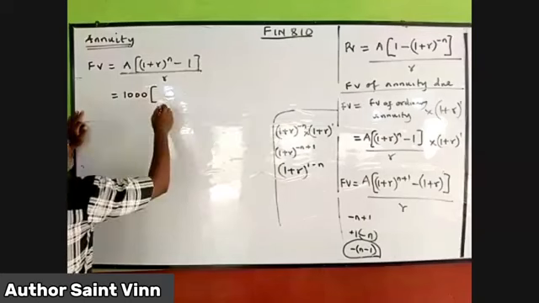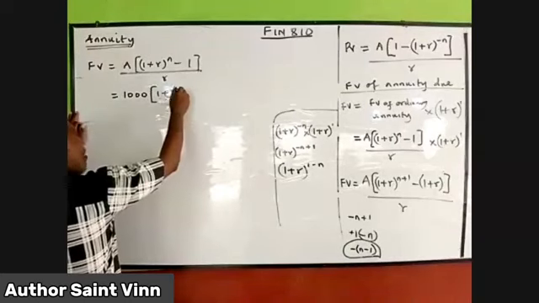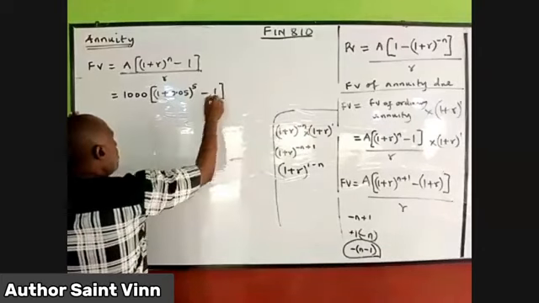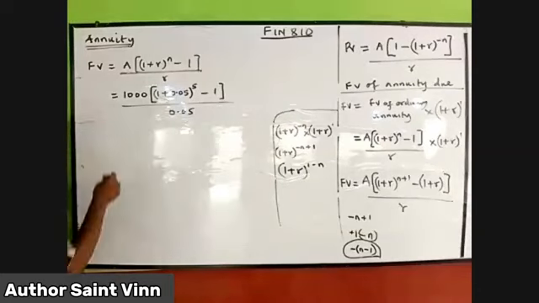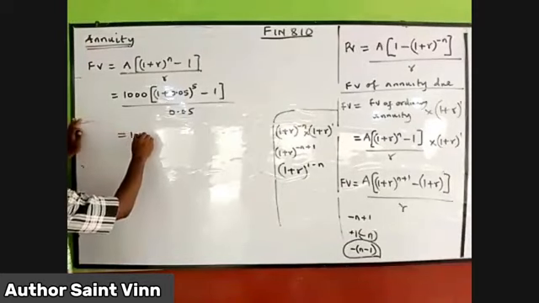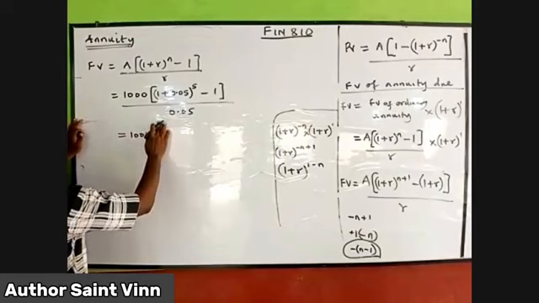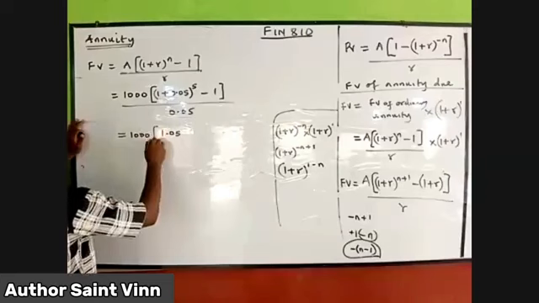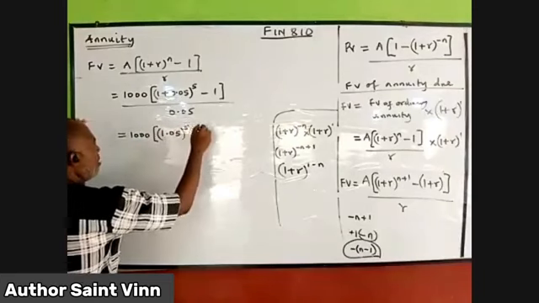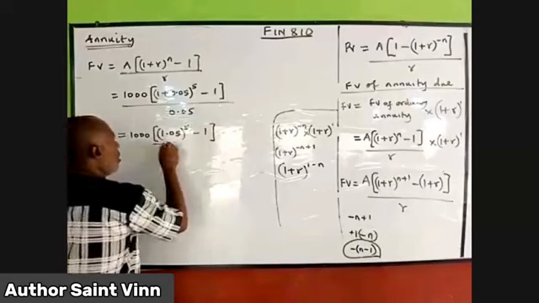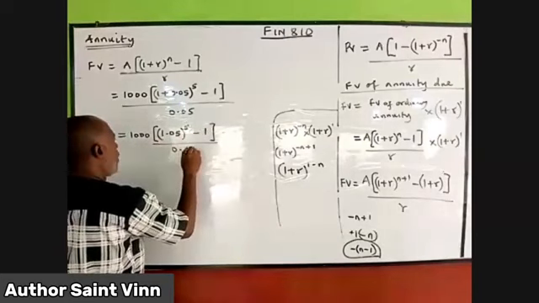Annuity is 1,000 into (1.05 raised to power 5, minus 1), all over 0.05. Very simple.